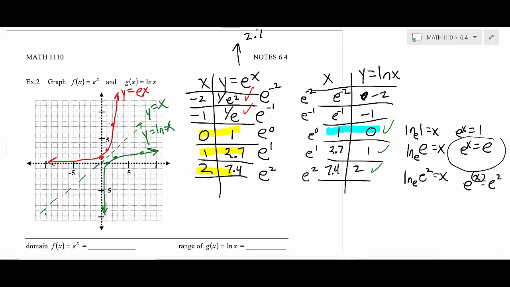So that would be the way that you would go about graphing logarithms: graph the exponential. Does that make any sense to you? Because what happens a lot of times when students are graphing, like if I wanted you to graph log base 3 of x, to me the simplest way to graph that is to first graph 3 to the x, then flip all the points backwards and you got it.